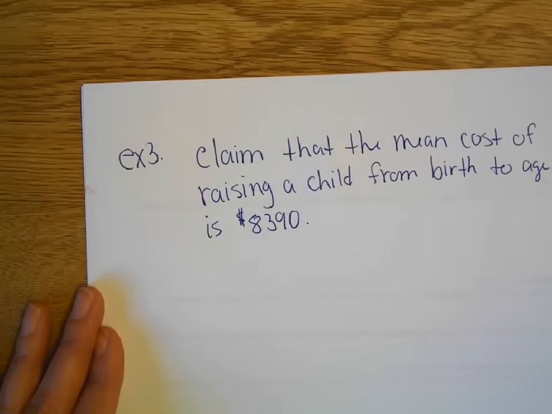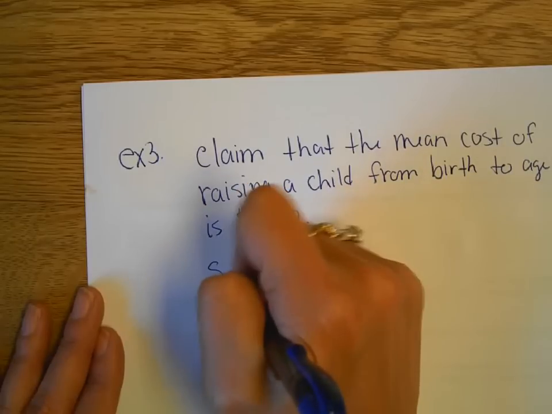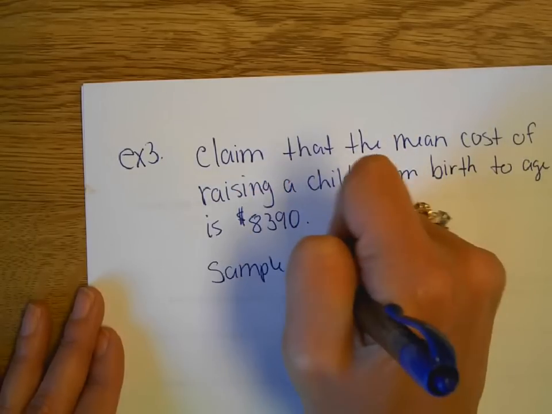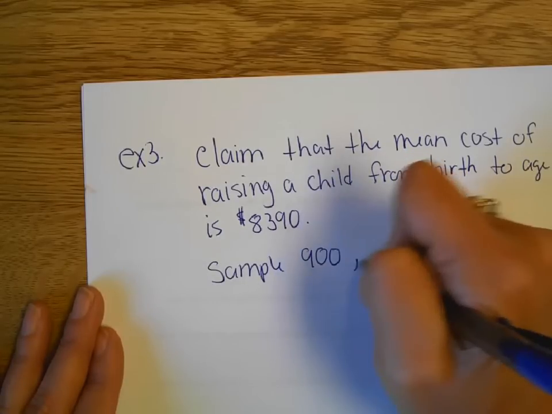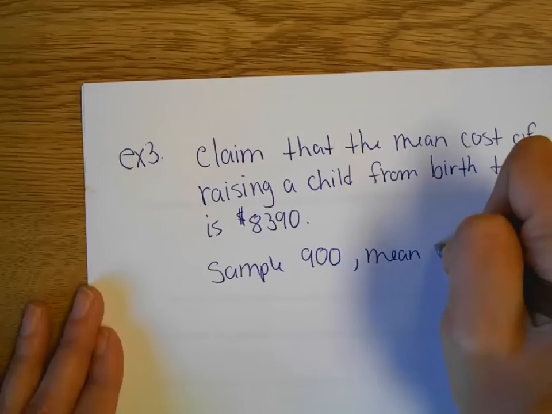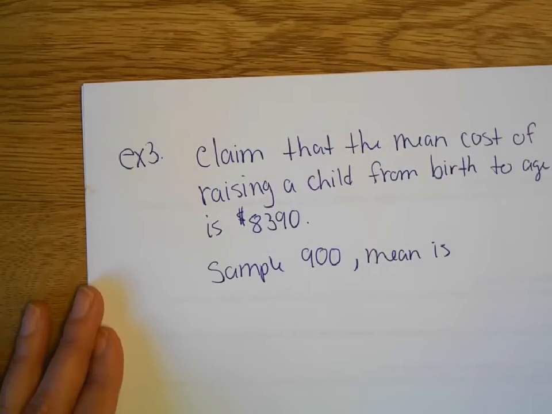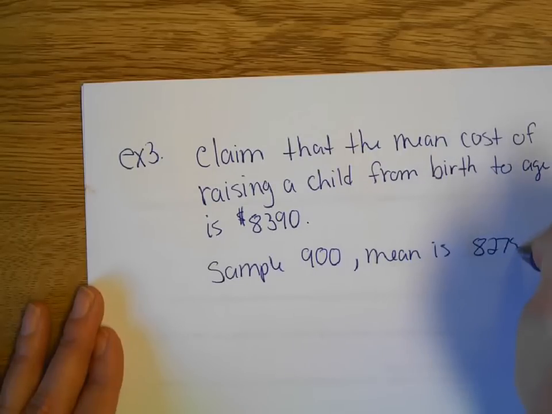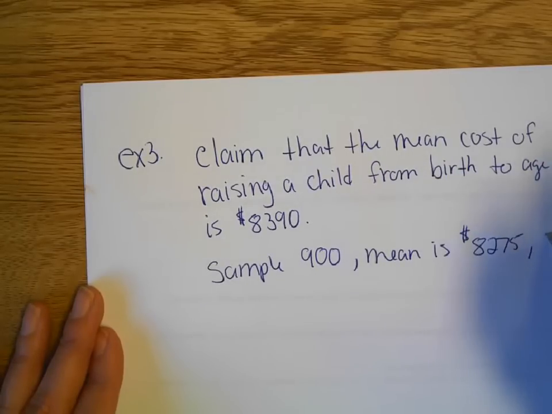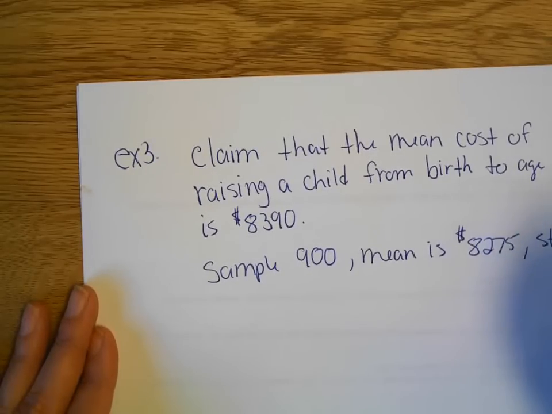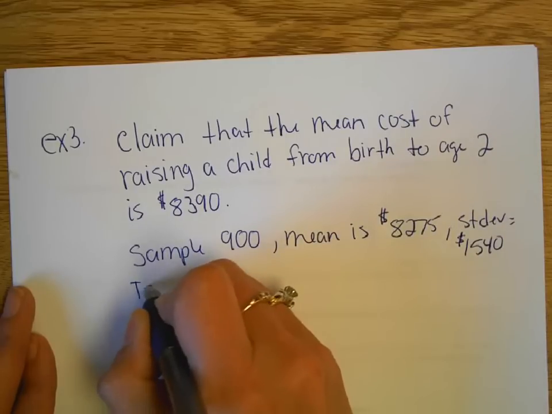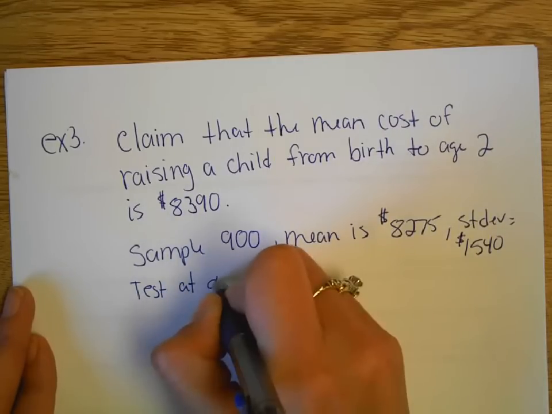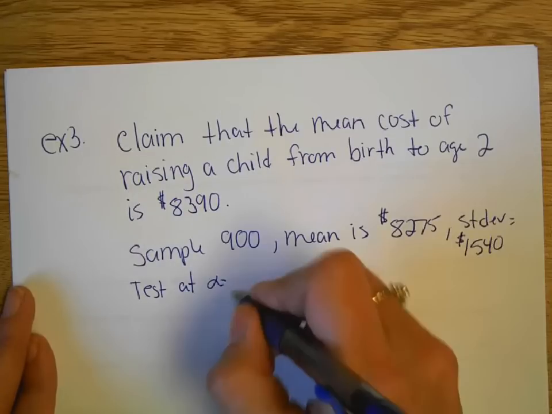You believe that this value is incorrect, so you select a random sample of 900 children and find that the mean cost is $8,275 with standard deviation 1,540. We're going to test this at alpha equals 0.05.